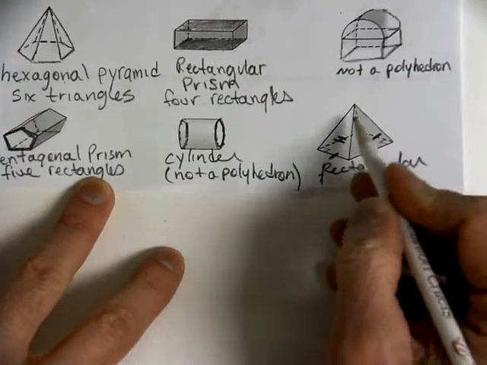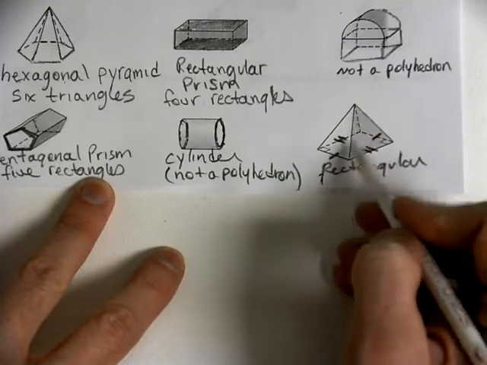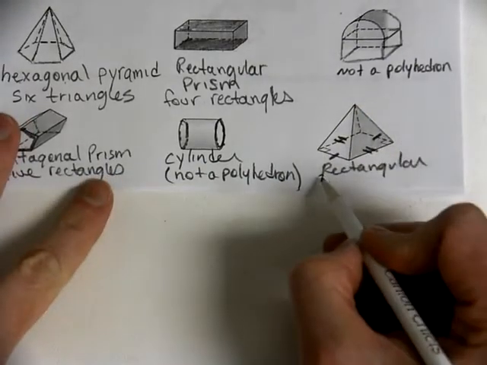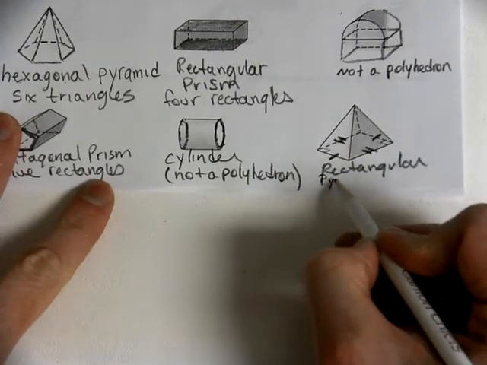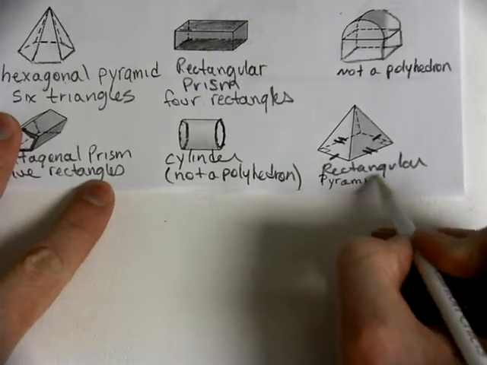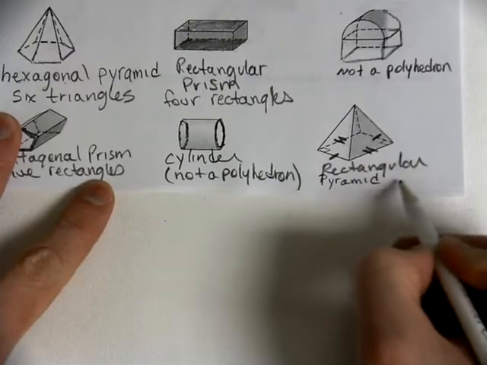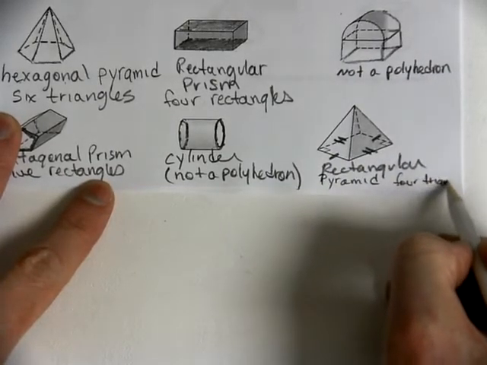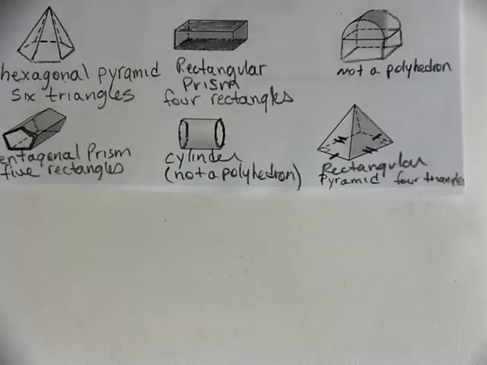Or actually, because the sides are made up of triangles and it goes to a point, not a prism, it's a pyramid. And it has 4 triangles for the sides.